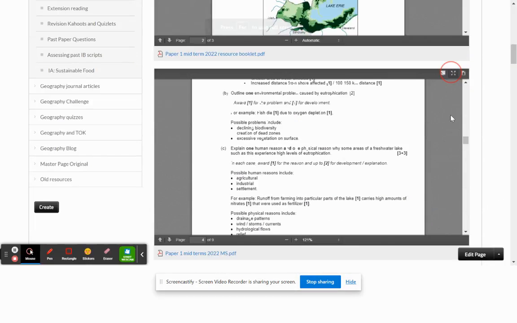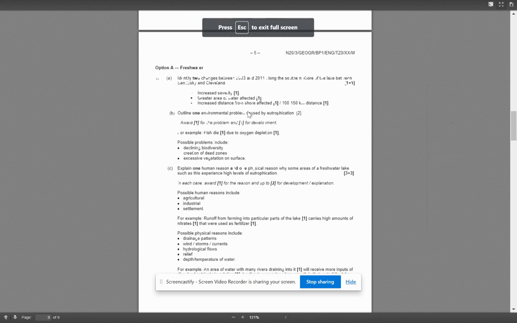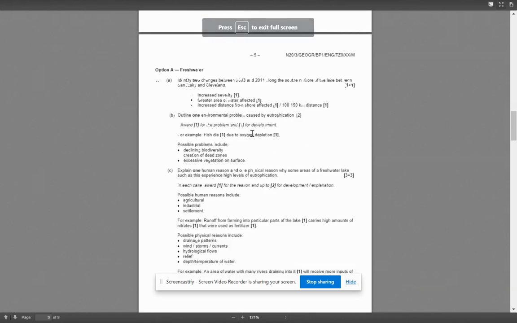You can see here, what's the problem? Well, you've got various options: fish die, declining biodiversity, creation of dead zones, excessive vegetation on the surface, which is obviously caused by the algae bloom.